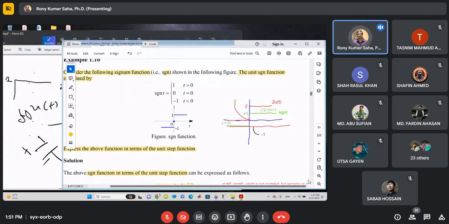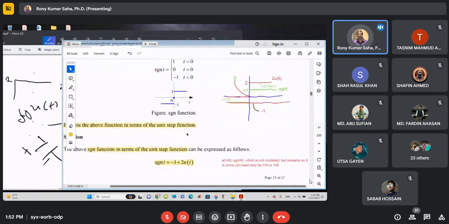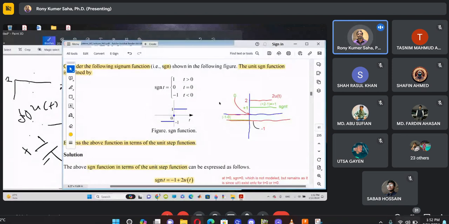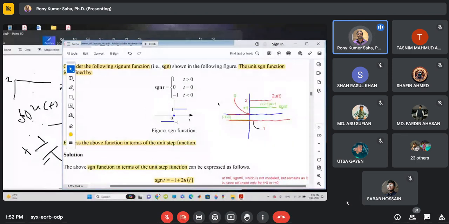Now you have to express this function in terms of unit step function. In some cases you have to use some brainstorming. Something you may find is not out of syllabus, it's within the syllabus, but things are given in a different way. Everything is within the syllabus.